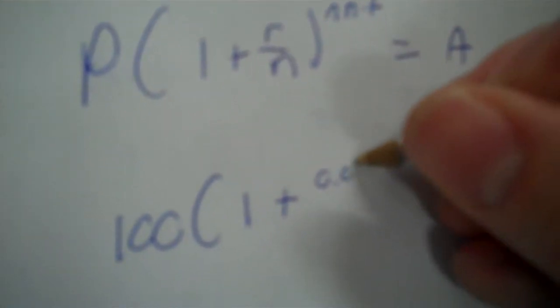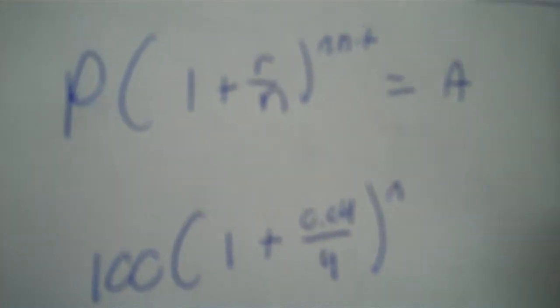So that T variable will stay. Okay, and then A is the new balance, which is $1,000. Put them in. So you have 100, 1 plus R, 0.04 divided by the N, which is 4, and then N times T. 4, I don't know T, so the T's staying.